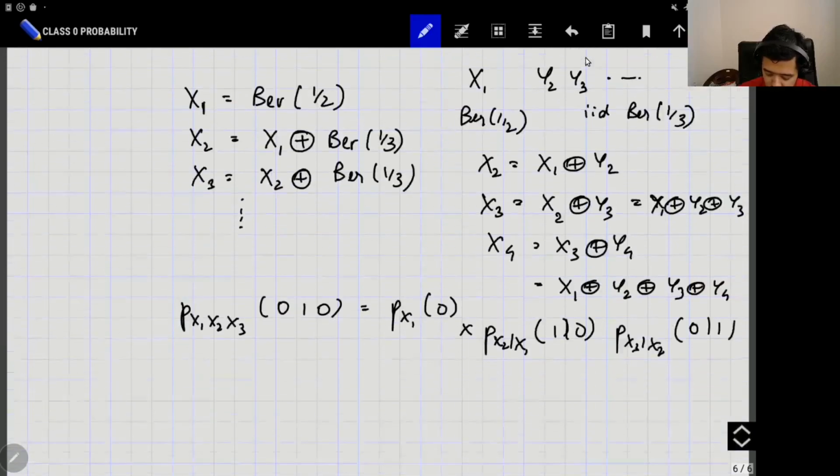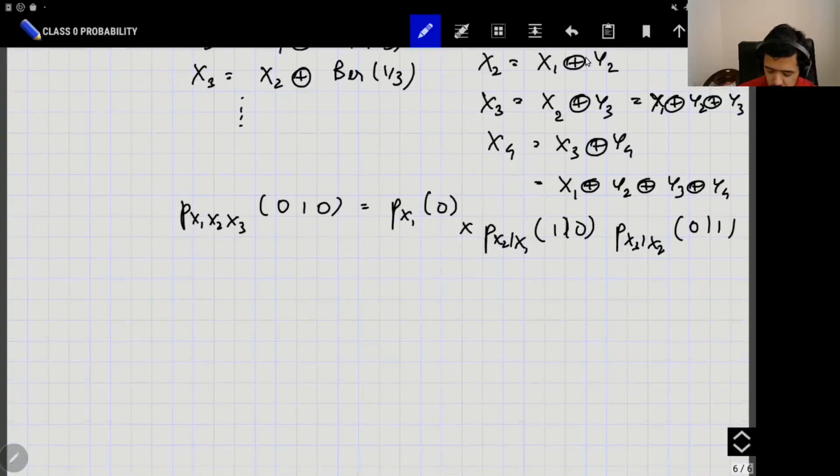Now this is a first order Markov chain where the dependence is only on one step in the past. Similarly, we can extend this to general kth order Markov chains.